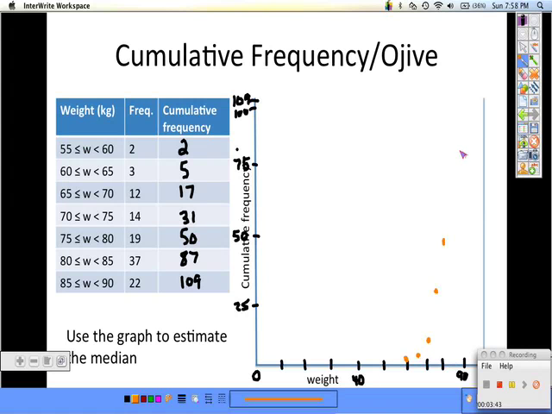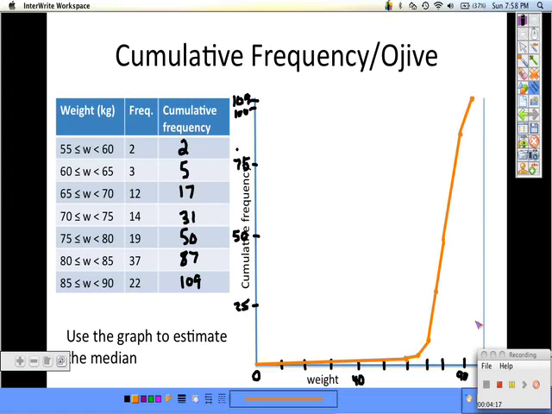For 85, we're at 87, and then 90, we're up at 109. And what we're going to do now is connect these dots. So there is the ogive representing this data.